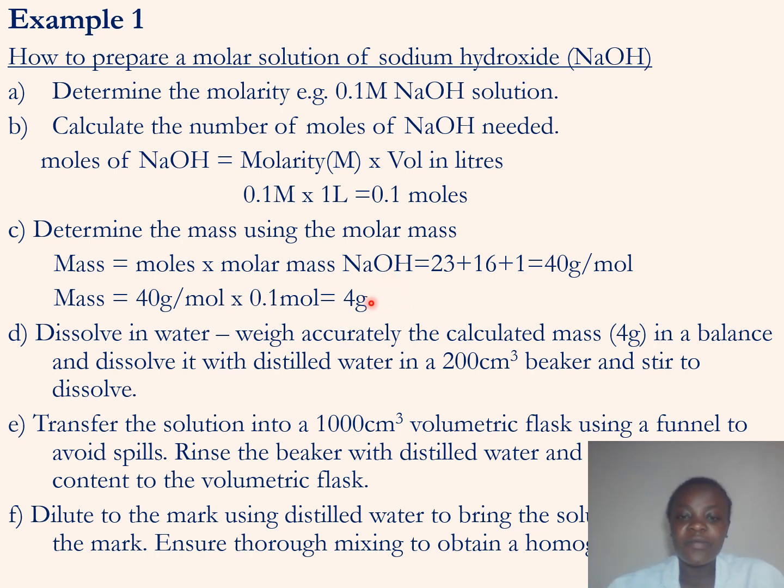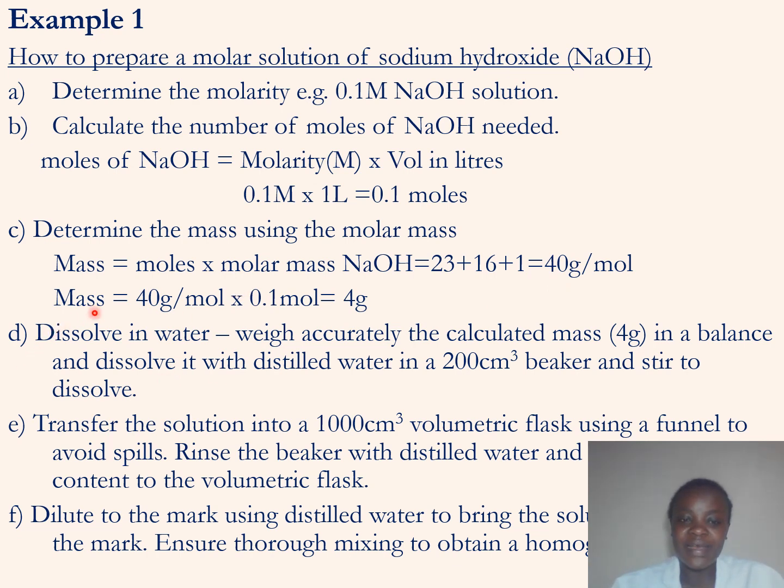The relative formula mass of sodium hydroxide is given by sodium is 23, plus oxygen is 16, plus hydrogen is 1, and that gives us a molar mass of 40 grams per mole. So now we have the number of moles, and we also have the relative formula mass, or what we are calling the molar mass.